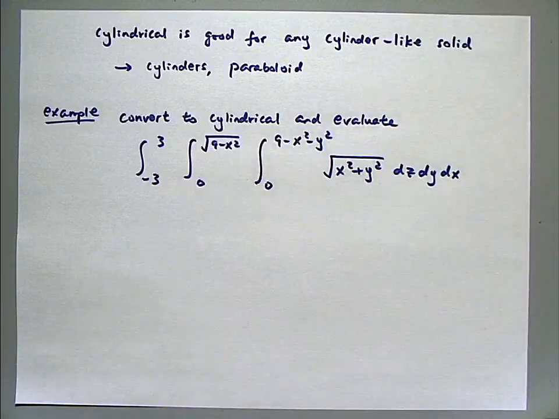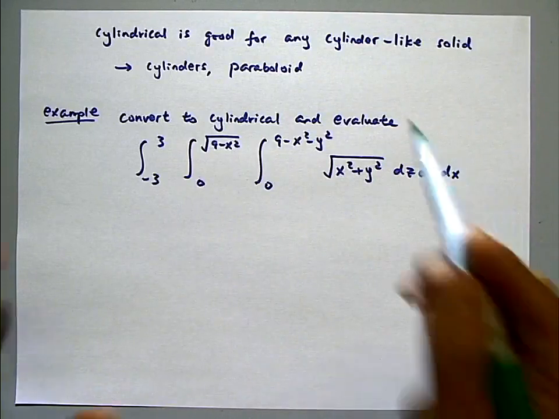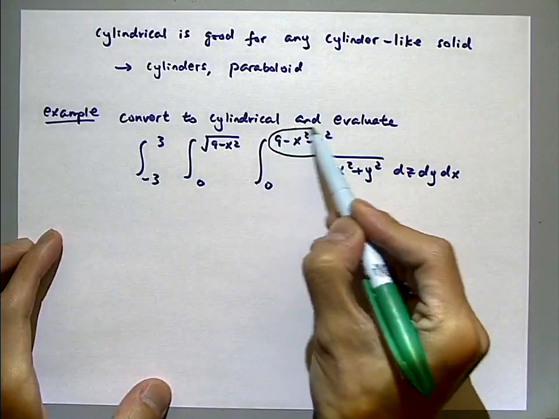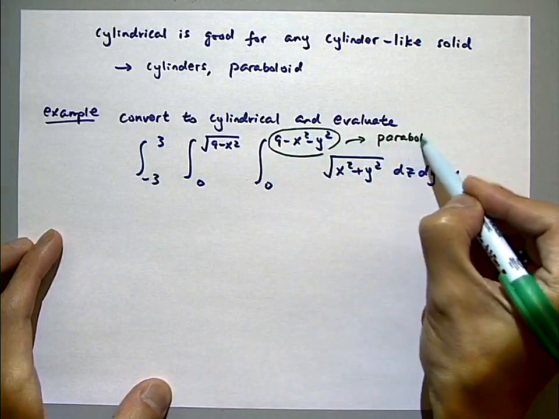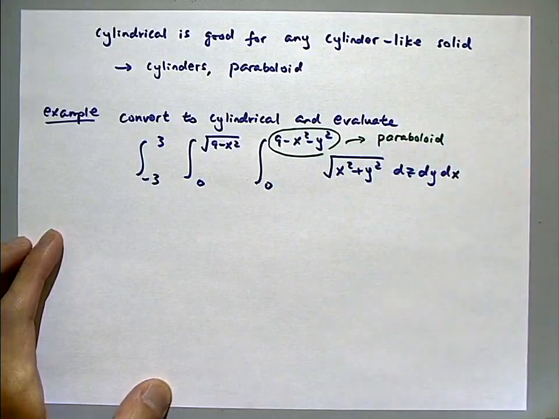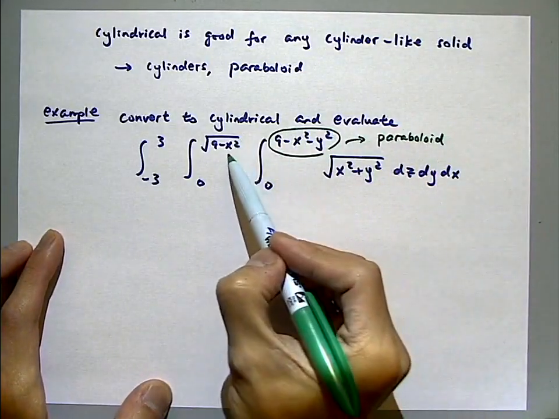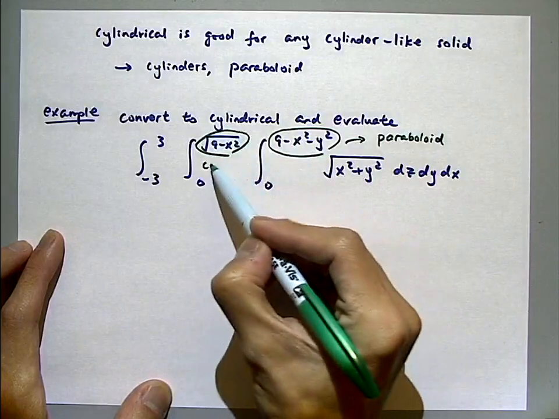So when that happens, perhaps it's a good thing to try to go into cylindrical. And also notice right here, this is a paraboloid. And this thing right here, that's a circle.